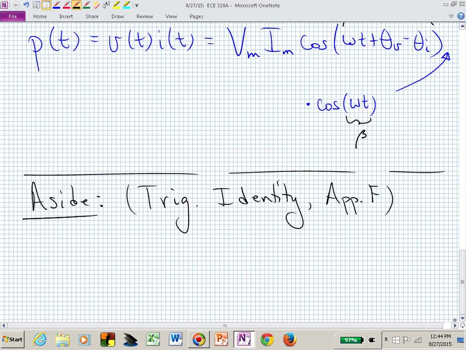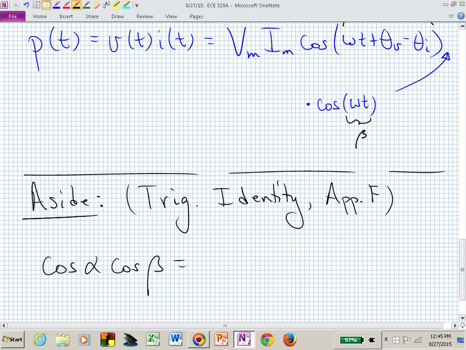I think what we want is in Appendix F of your textbook, where we have cosine of alpha, cosine of beta. That's what we have up above, and we want to convert that into a sum of two terms.